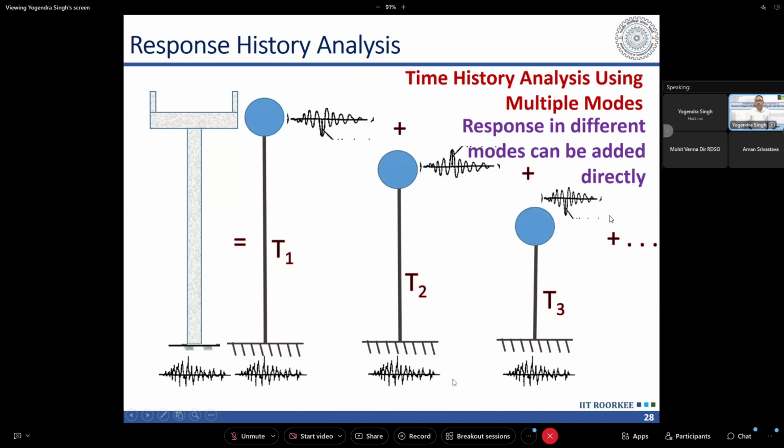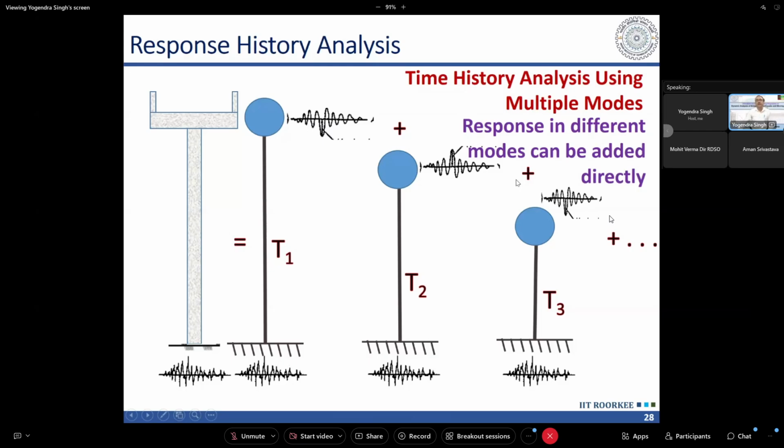The same ground motion is applied at the base of all single degree of freedom systems, and the response of these systems can be quickly obtained, because analysis of a single degree of freedom system even to a time history is much faster than the analysis of the direct full structure with all the degrees of freedom.